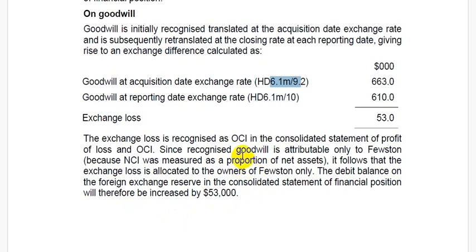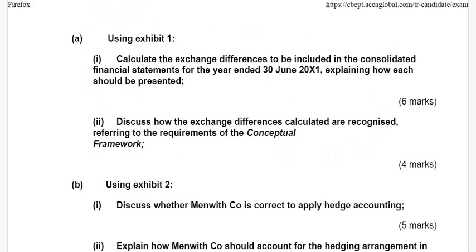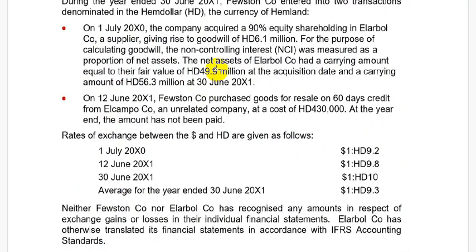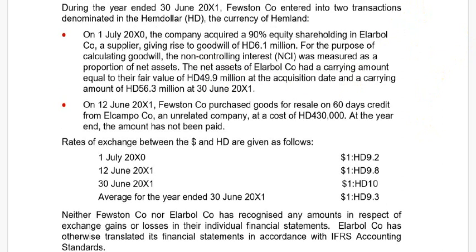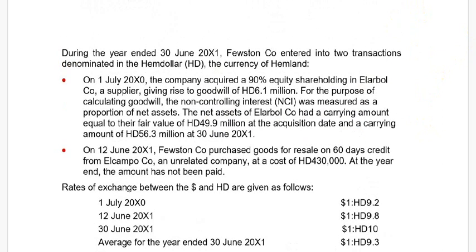We move to the next; there are 2 points given. So we're done with the goodwill. We go to the second point.